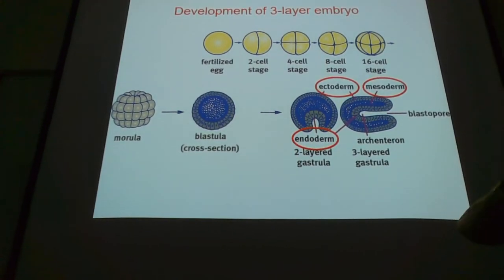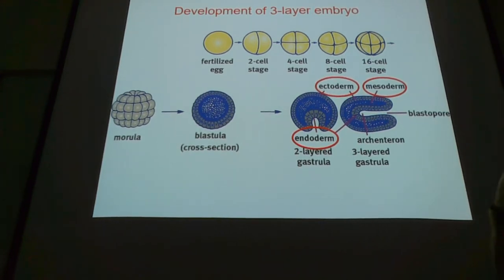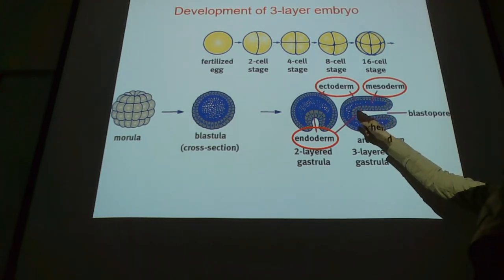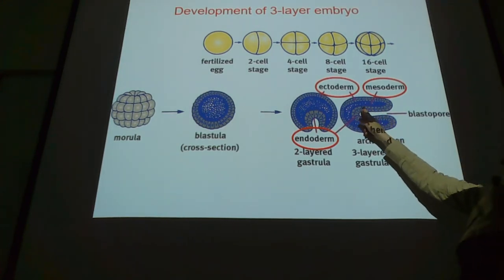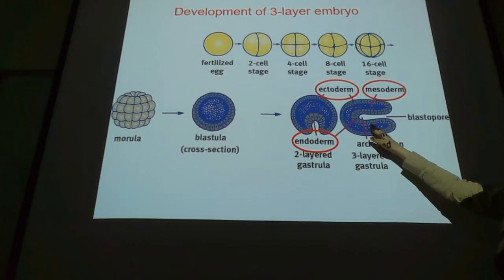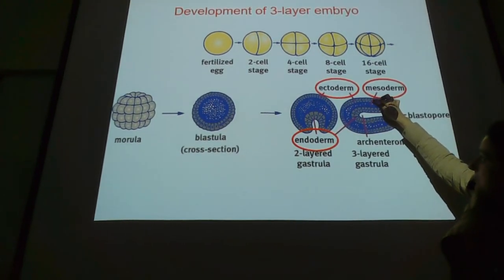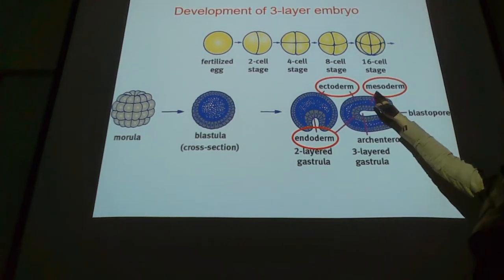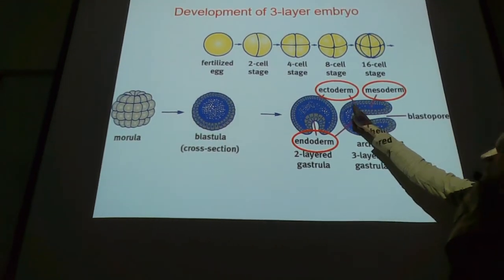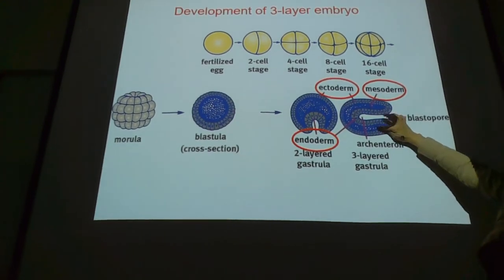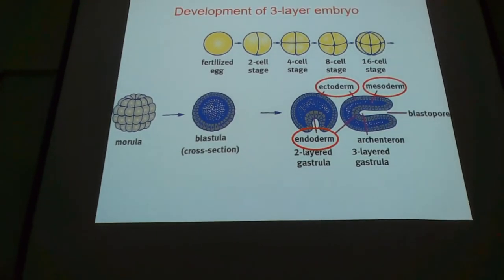One layer surrounds that internal invagination that has happened, so inside, endoderm. And then there is something in between, mesoderm. So ectoderm, endoderm, and mesoderm will be here, okay?